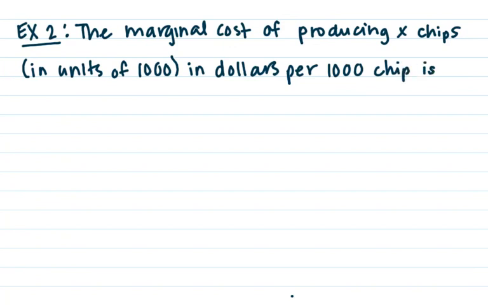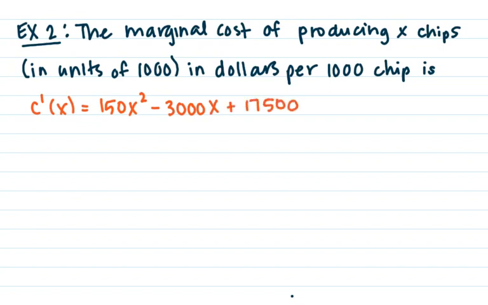It is given to us with the function c prime of x equals 150x squared minus 3000x plus 17,500. Okay.